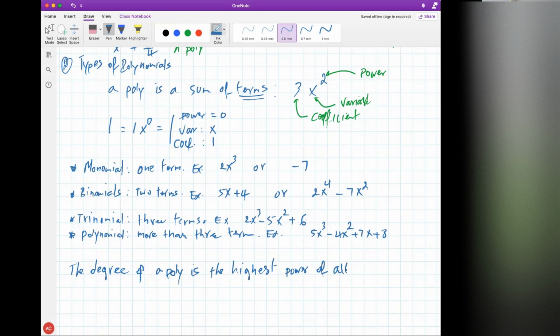Not the highest coefficient, but the highest power of all the terms. For example, what is the, let's say, 7x to the 6 plus 2. So this is a trinomial here. What is the degree of this polynomial?